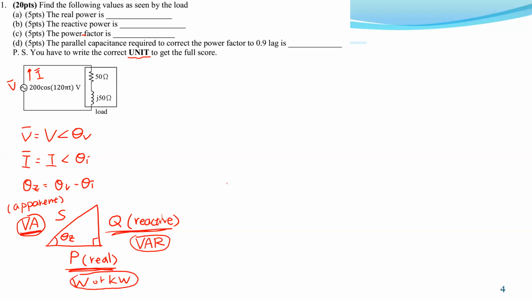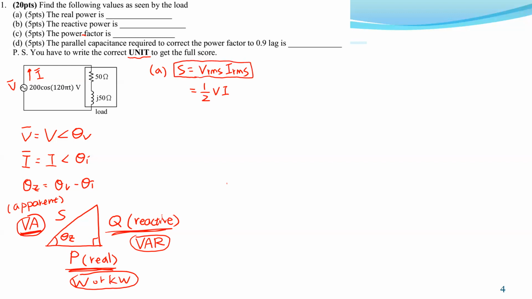So for problem A, we need to calculate the real power. So we know real power equals VRMS times IRMS, or it can be written as 1/2 VI. But it's easier to memorize this way.